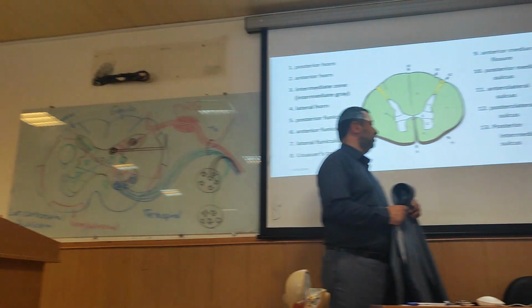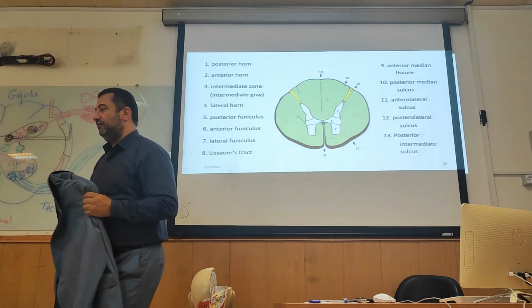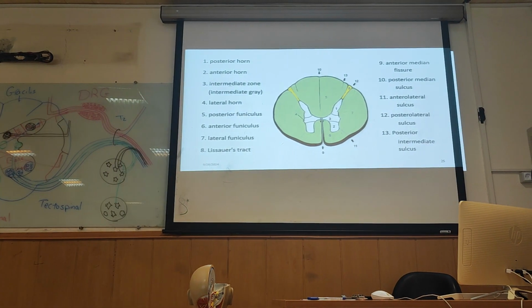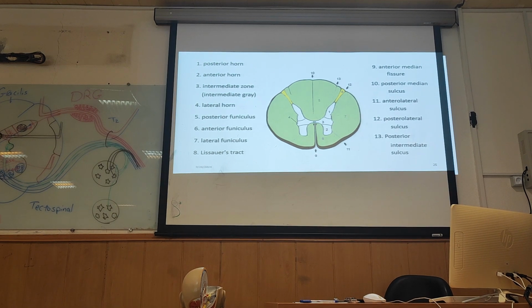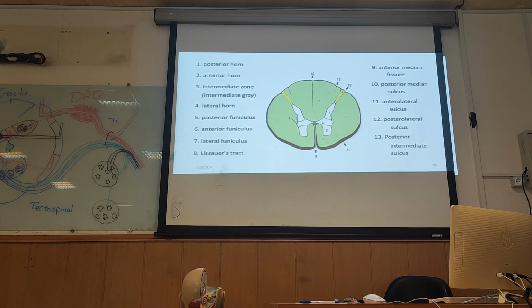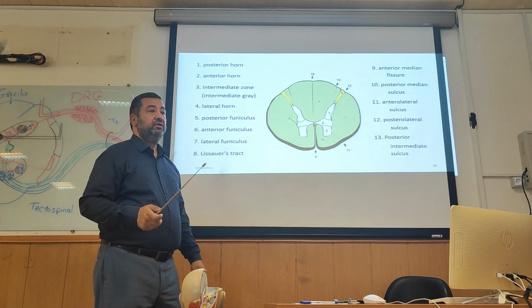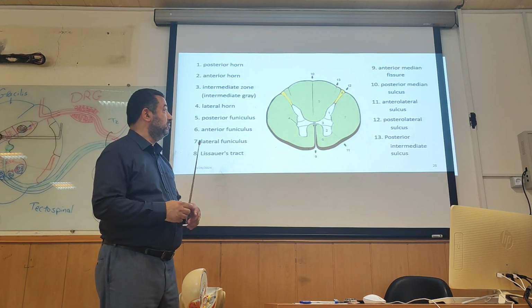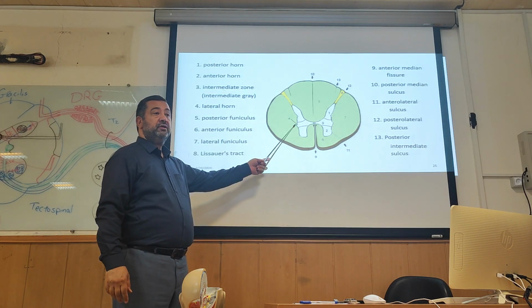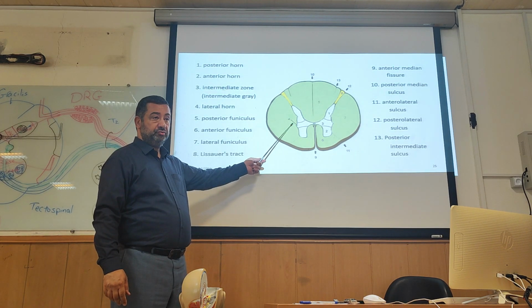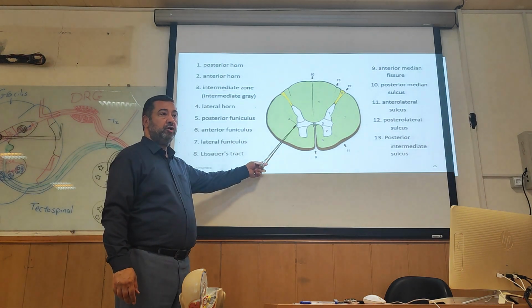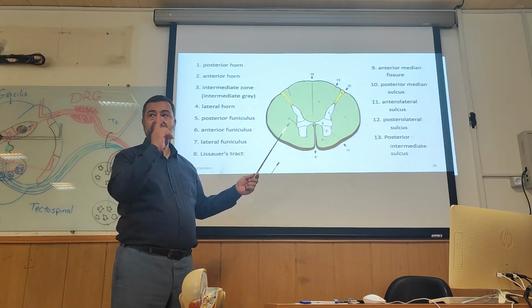Can you tell me this section is from which part of the spinal cord? This is from T1 to L2, because it has lateral horns. Is it correct?